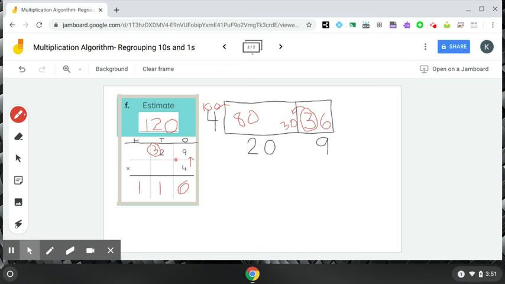So I have 4 times 20 is 80, 90, 100, 110. So you can see that's going to be the same as 11 tens. So when we multiply 29 times 4, we get the product of 116. And again, we could take a look at our estimate and see we were pretty close.